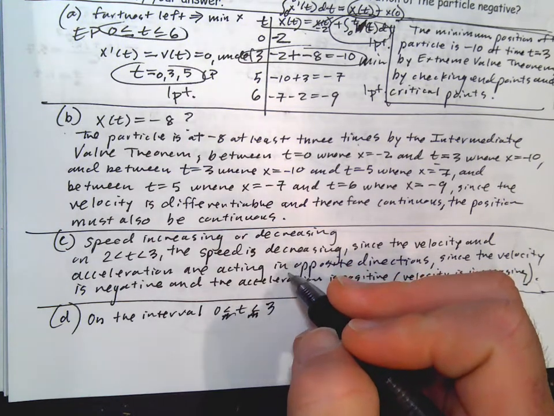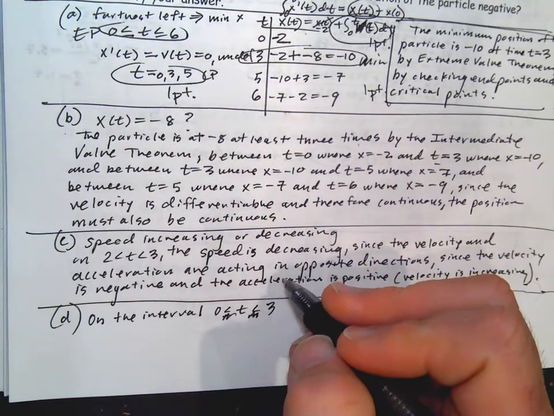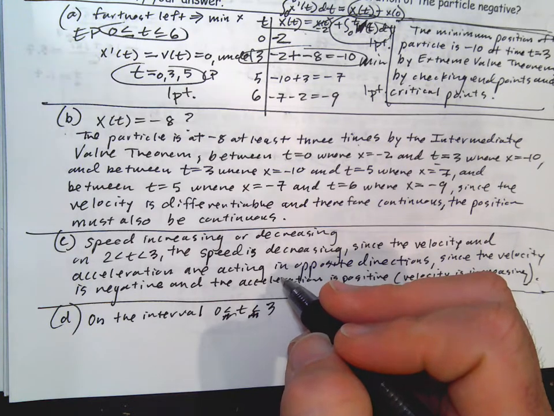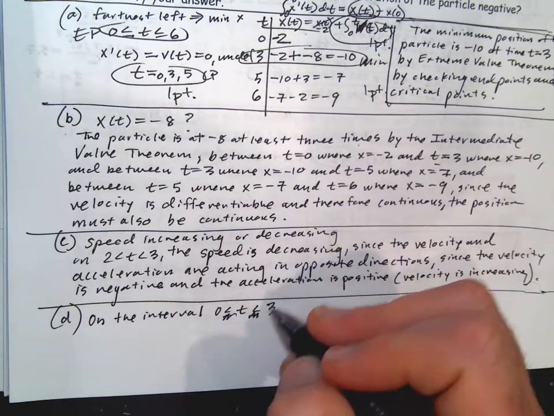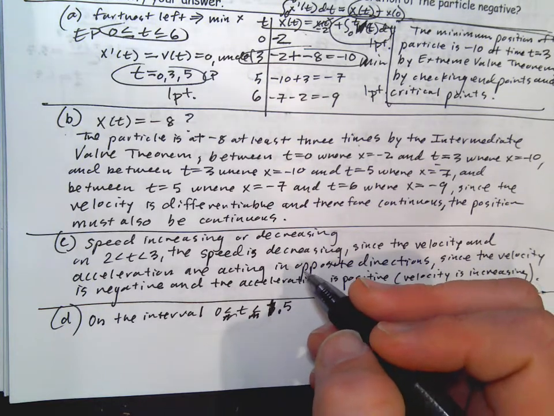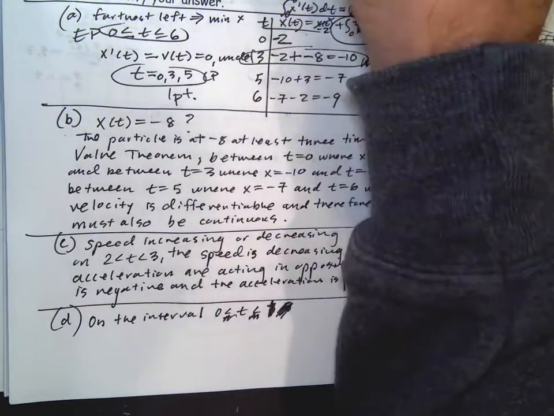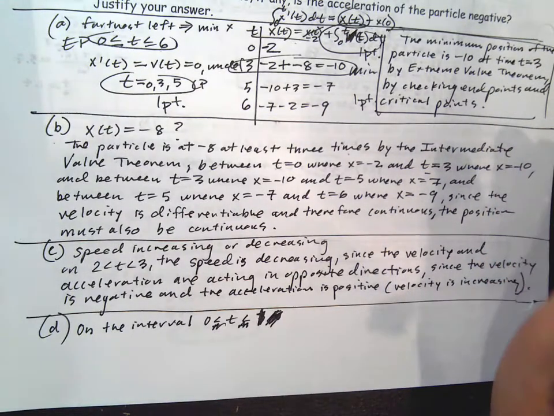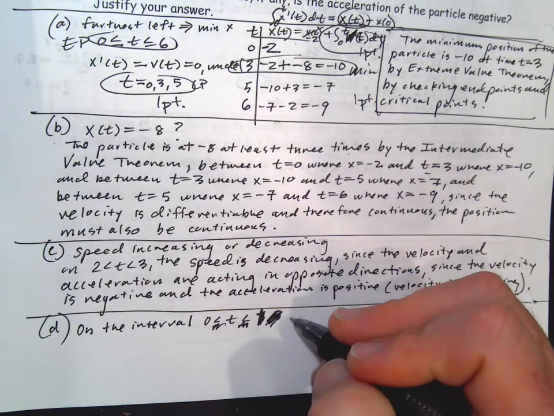So we're looking for negative. So that's actually like 0 to 1. Because that's where the horizontal tangent is. So 0 to 1 and 4 to 6.